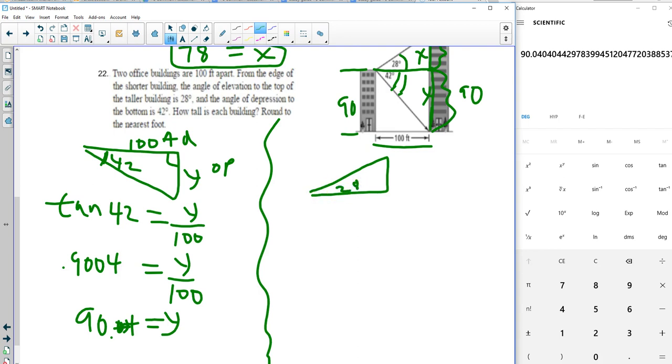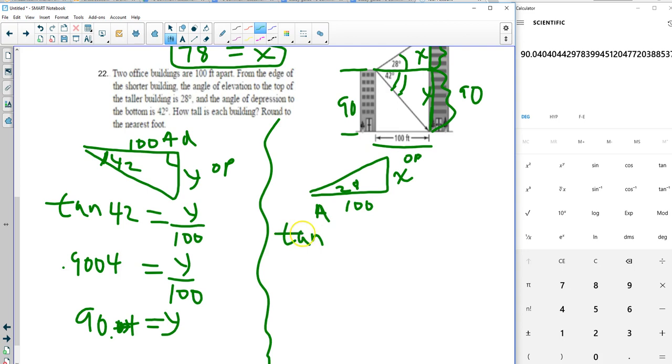This value is 100, because that's how far apart they are. And this is x. Again, we use tangent, because the opposite of this angle is this side over here, which is x, and the adjacent is this side down here. Opposite over adjacent tells us we have to use tangent.